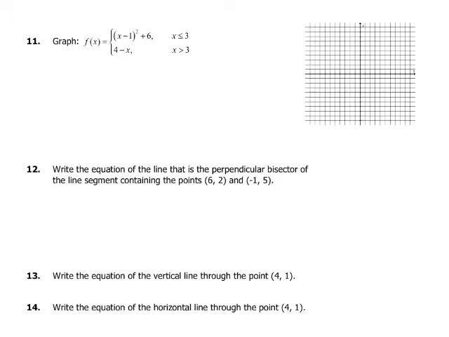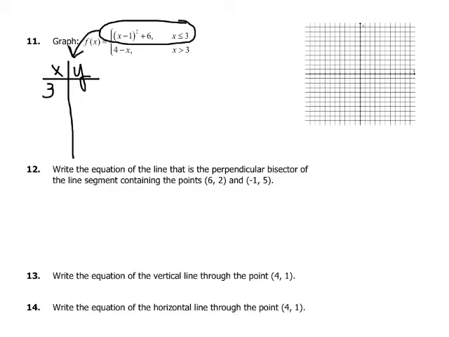Alright, number 11, X, Y. I'm going to start at 3, and I'm going to use a closed circle here, because it's less than or equal to 3. So then I'm going to go down. So 2, 1, 0, -1. That should probably be good.